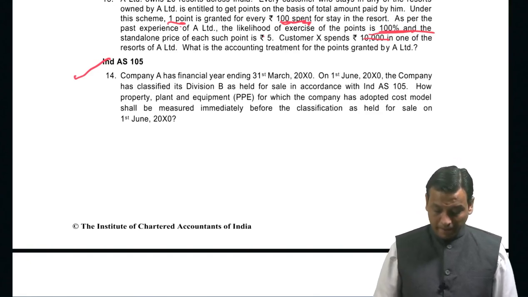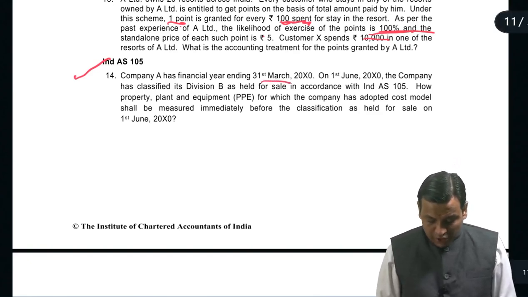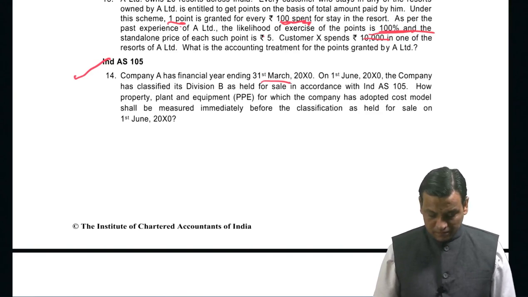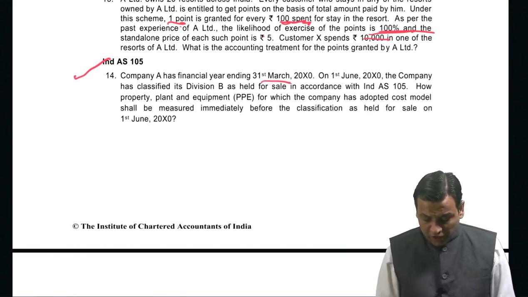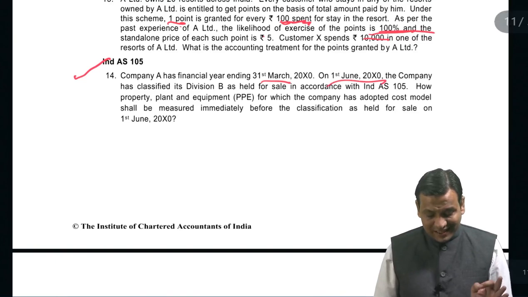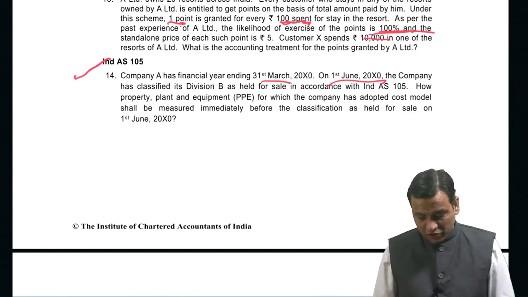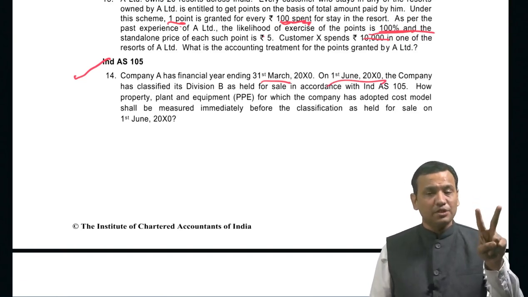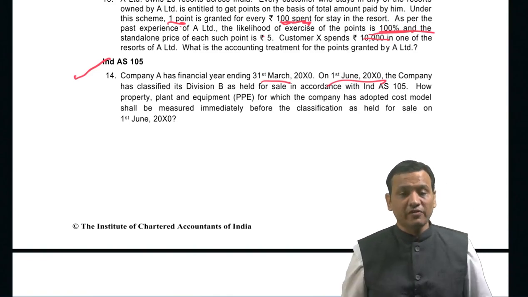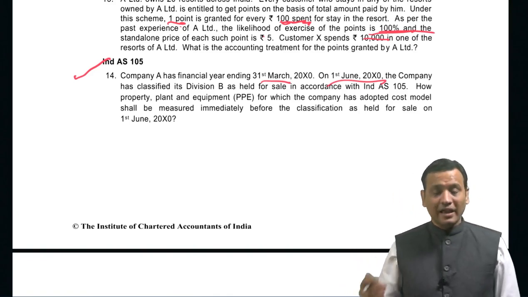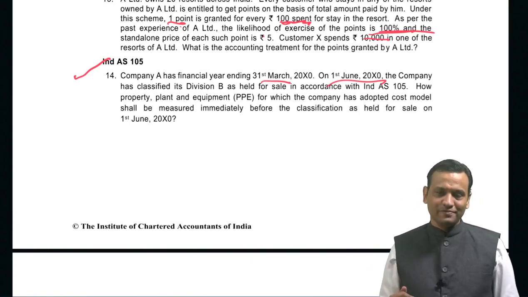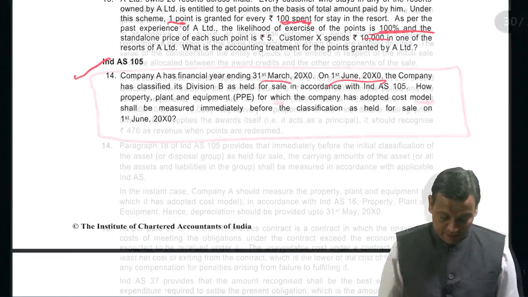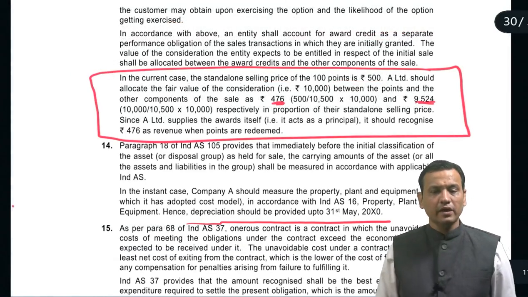Now if you look properly, on 31st March 20x0 you already have a PPE, so it would have been depreciated till 31st March 20x0. Now on 1st June 20x0, which is the day you classify division B as held for sale, from 31st March, that is April and May, 2 months depreciation will be charged in accordance with the principles of Ind AS 16. And then on that date, we get the carrying amount. Thereafterwards, the principles of Ind AS 105 will apply.